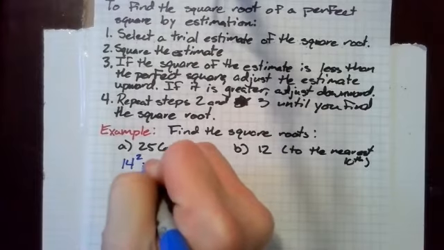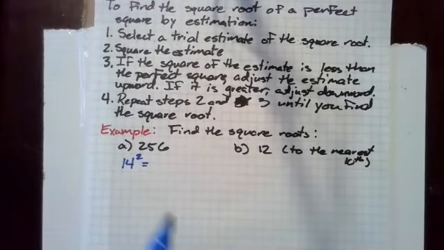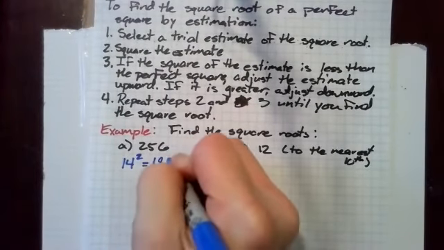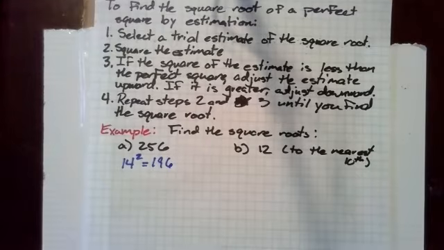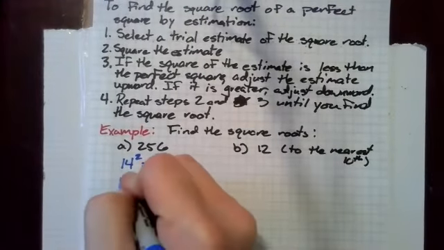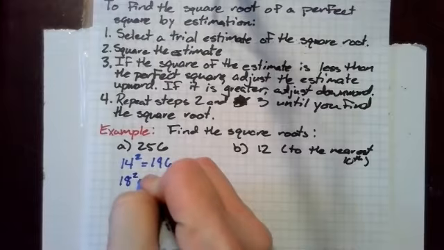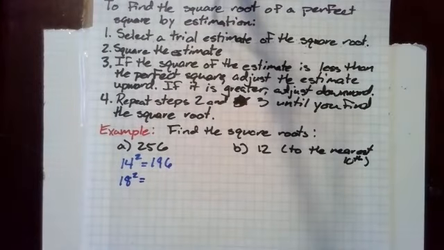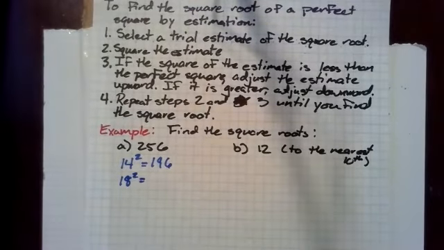14 squared is 196. That's too high. So let's pick something bigger, say 18. 18 squared is, let's see, I don't remember off the top of my head. So I'm going to have to grab a calculator. I've got one here somewhere.